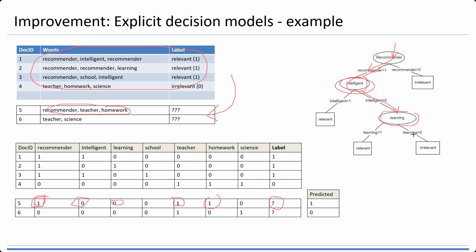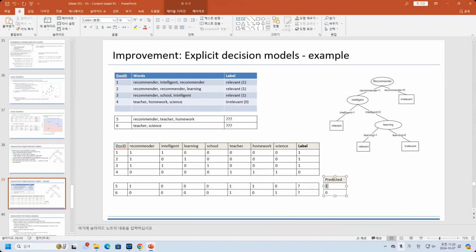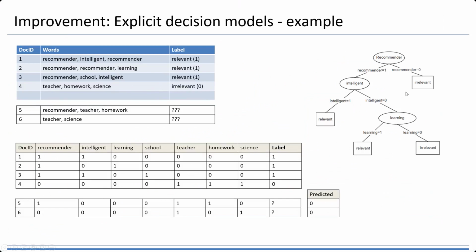No. And it goes to here. Then what is the label? Oh, it is 0. This is irrelevant. Sorry. This one is 0, based on this decision tree.